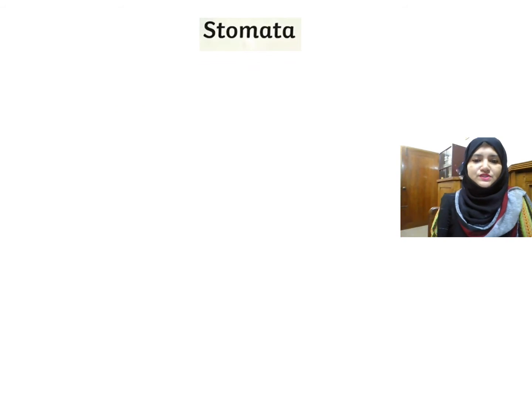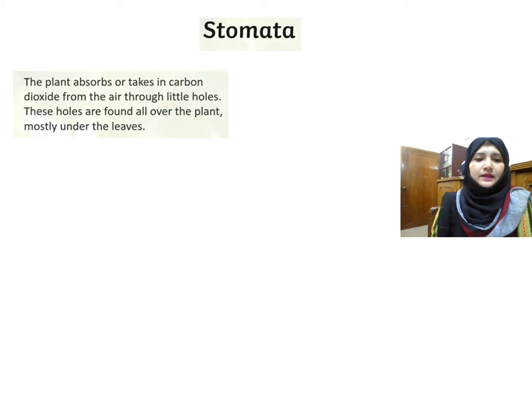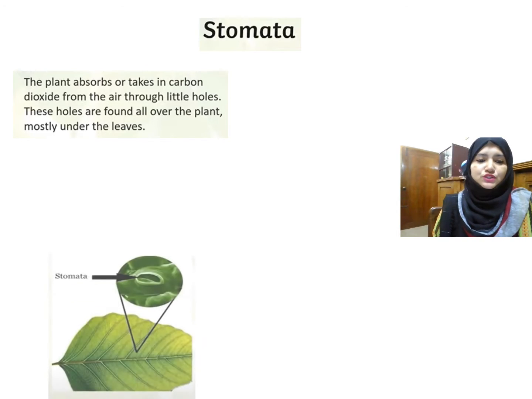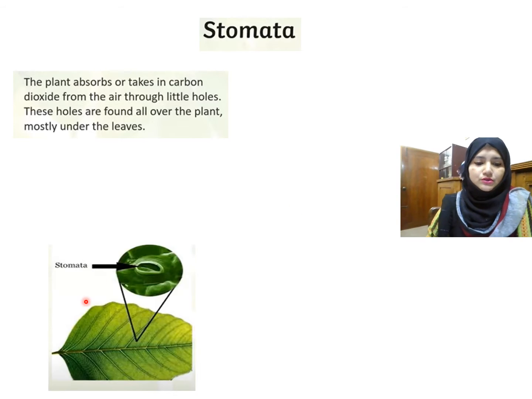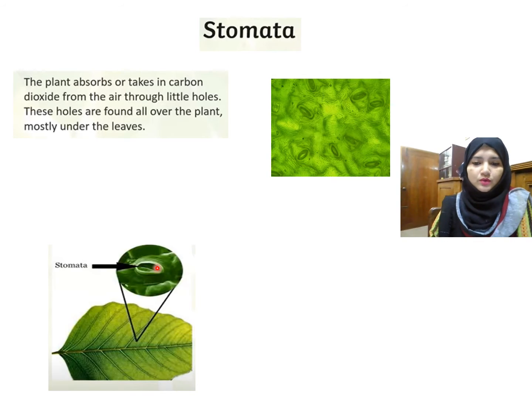Now it's about stomata. The plant absorbs or takes in carbon dioxide from the air through little holes. These holes are found all over the plant, mostly under the leaves. Look at this picture. Under these leaves, a number of tiny holes are present, which are known as stomata.